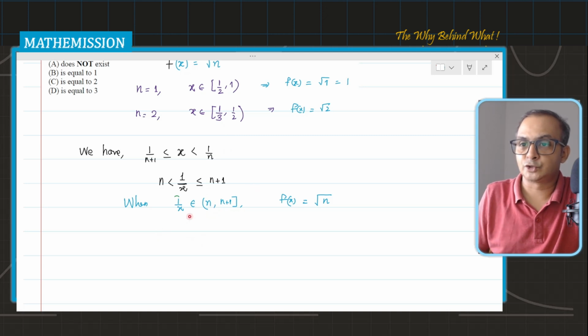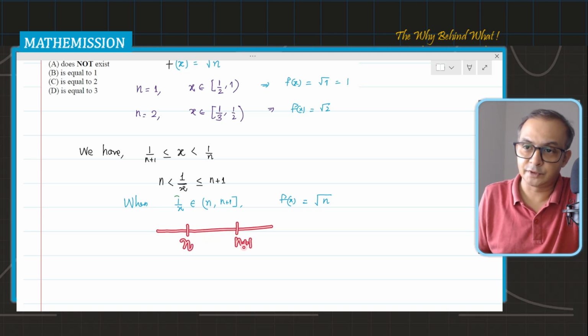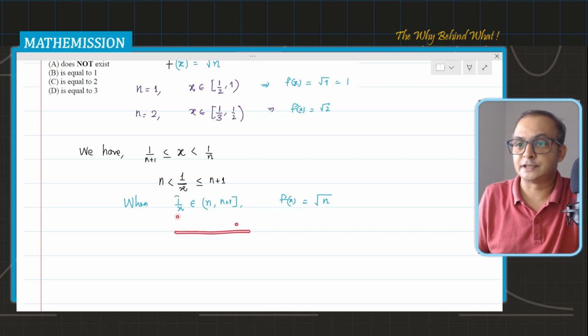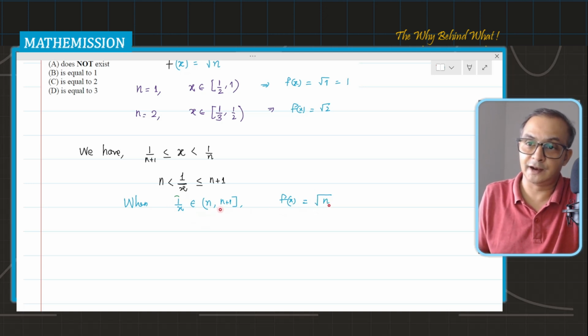So one thing you can also understand from here, if I'm taking any value between n and n plus 1, and the function is defined as root of the left end, it indicates that whenever I'm taking this 1 by x between n and n plus 1, I have to write the greatest integer of 1 by x, because these are two consecutive integers, and for every 1 by x between these two consecutive integers, the function is defined as the square root of the left integer.